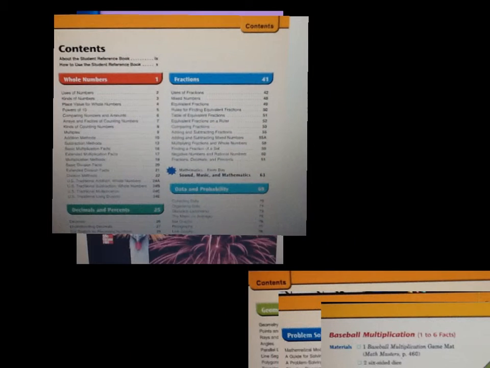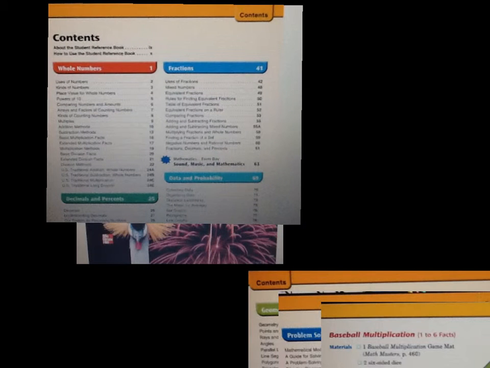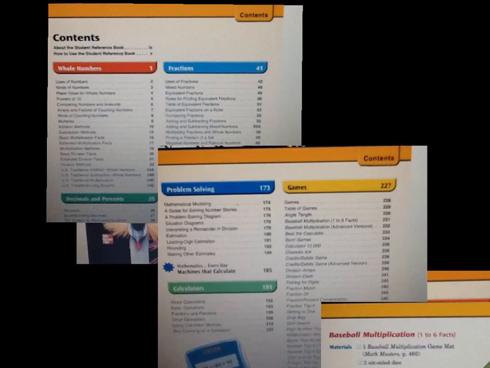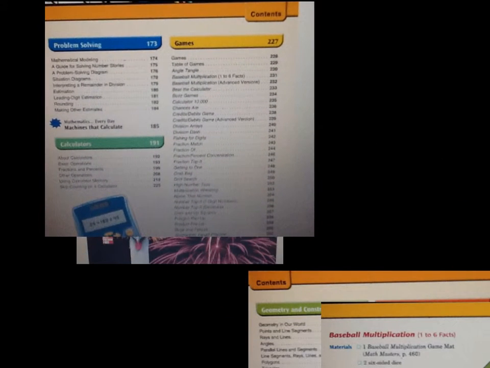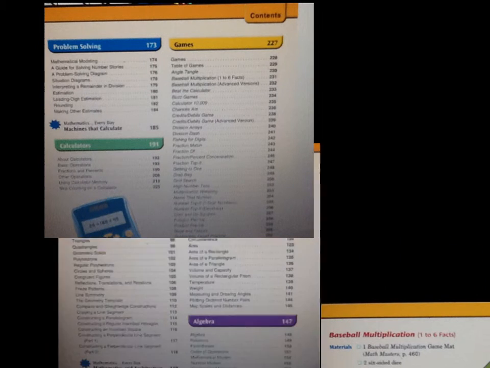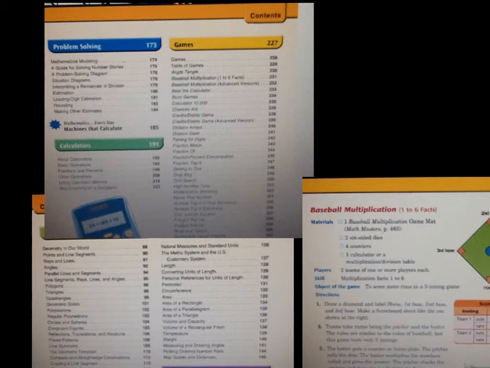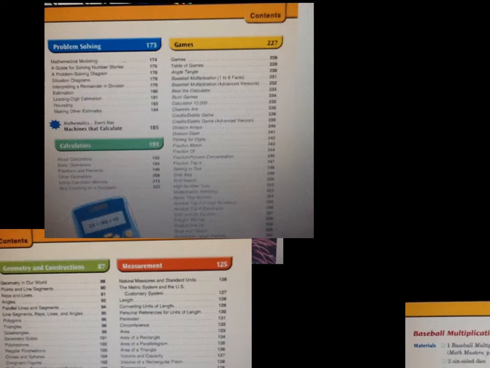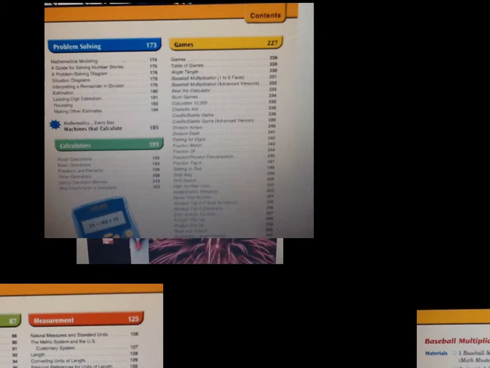So if you look at the table of contents, we have whole numbers, decimals and percents, fractions, data and probability. On the next page we have problem solving, calculators, games, and geometry and measurement, algebra. And you'll notice too that each of these headers has a different color.